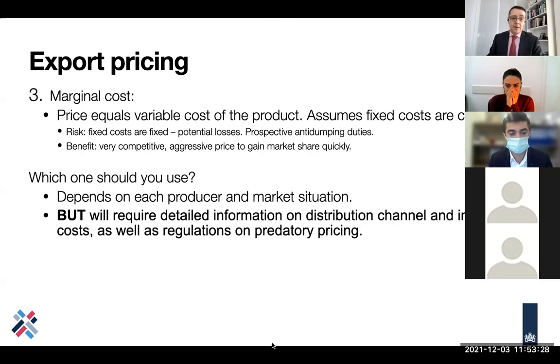Because basically your price is so low that nobody else can compete. If you have enough scale, people will go broke. You gain a lot of market share, and the logic is once you've got 70 or 80% market share, you raise the prices, you recover all the money, you've become a monopolist, and then you go home making tons of money. That's why it's predatory, that's why it's illegal, that's why if you get caught, you'll be prosecuted.